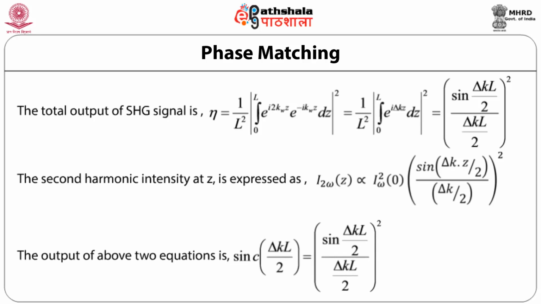The output of the second harmonic intensity could be written as a sinc function and is given by sinc of delta k L by 2 is equal to sine of delta k L divided by 2, whole divided by delta k L divided by 2, whole square.